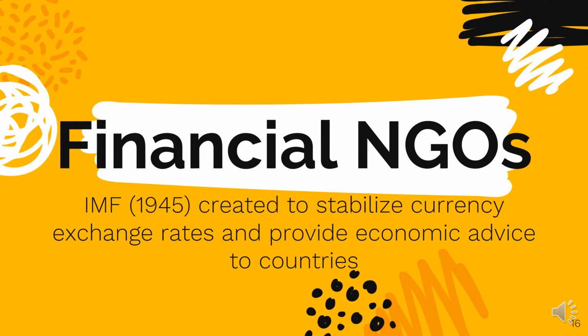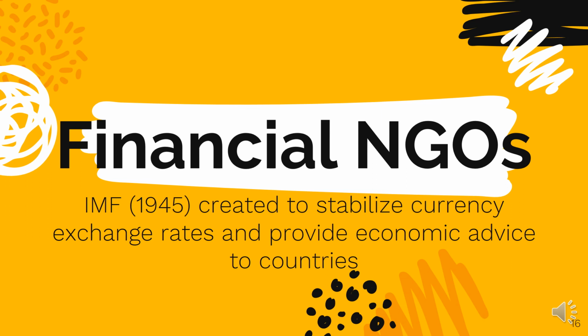And then the International Monetary Fund, this one was created in 1945, and this one looks toward the longer range goals of a country. They aren't as hands-on in that they don't really provide loans like the World Bank does, but this is more overarching.